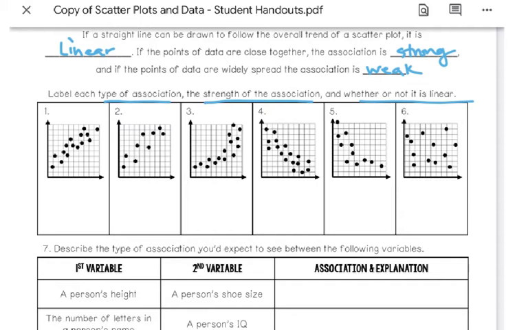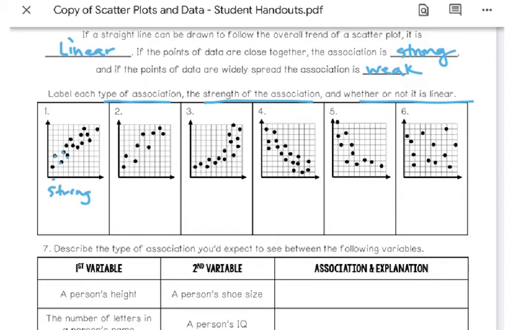Now here we see that these points of data are grouped fairly close together. Okay, so we're going to say that the association is strong, right? And first of all, we also need to determine what type it is, and I think I mixed those up. But we see that as one is increasing, the other is also increasing.